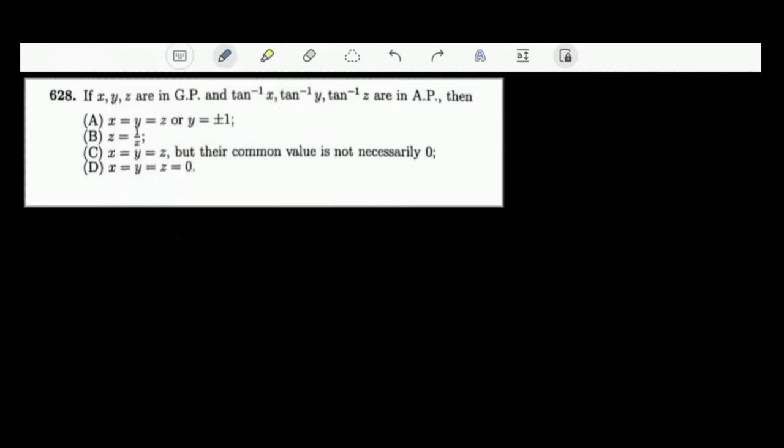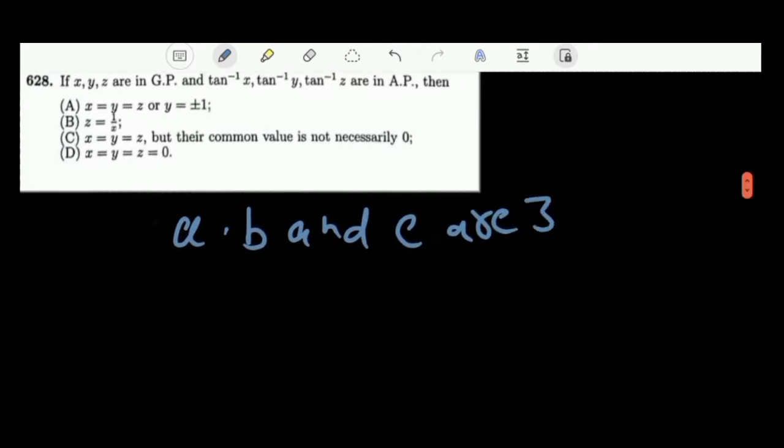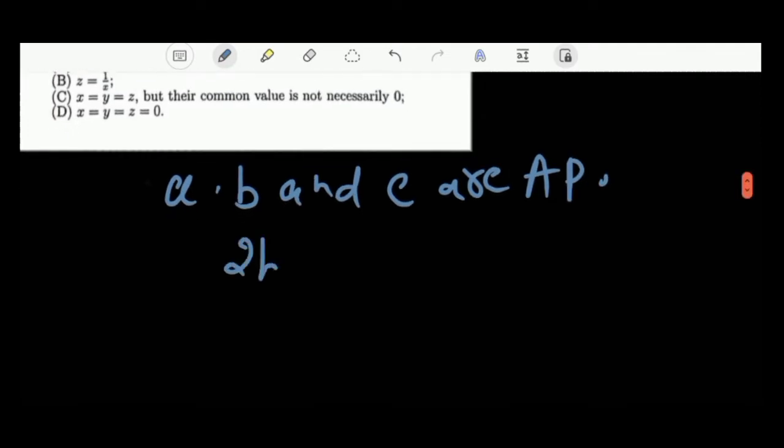Since we know if A, B and C are three quantities that are in AP, we can simply say that twice of B is equal to A plus C.